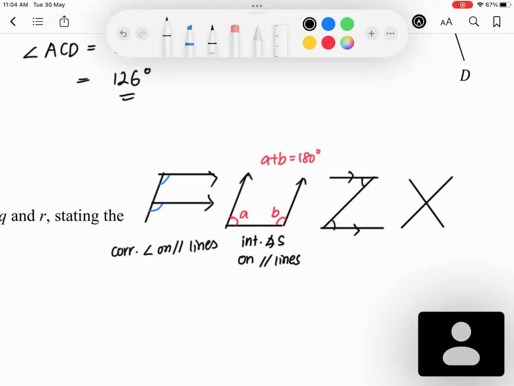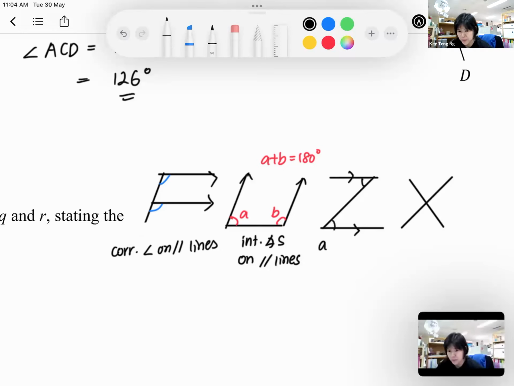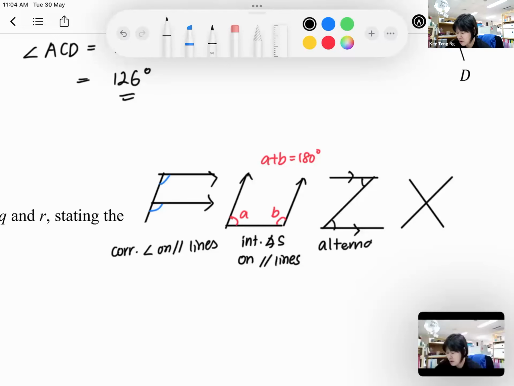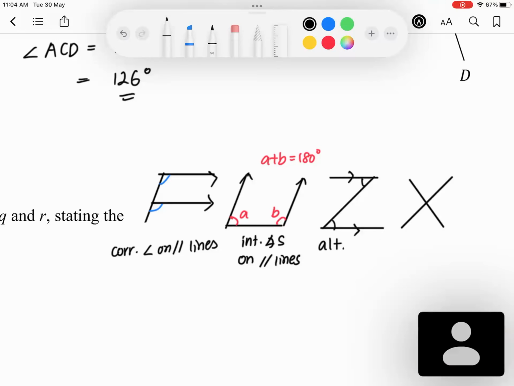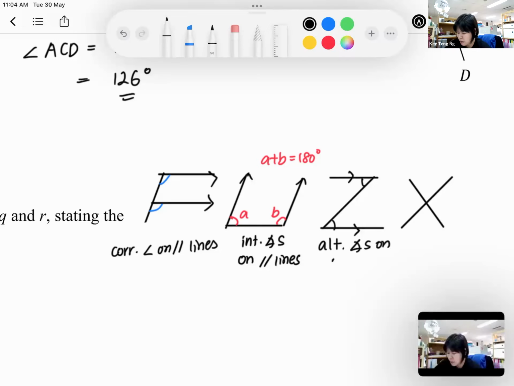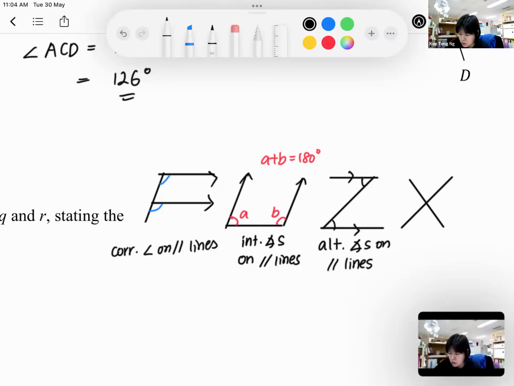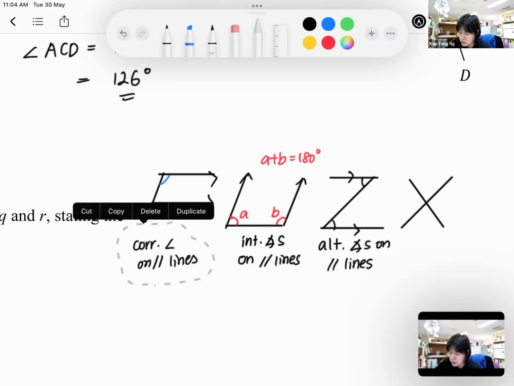Starts with A. Alternate angles on parallel lines, yes. You must remember all these properties, because during examination, the teacher will ask you to write the angle property clearly, showing your working clearly.